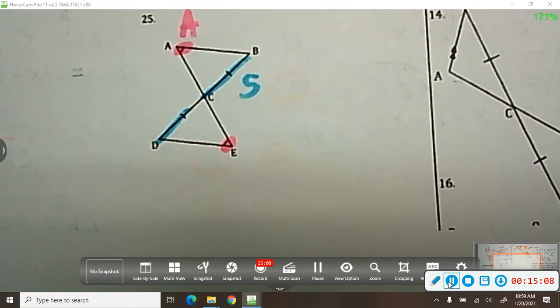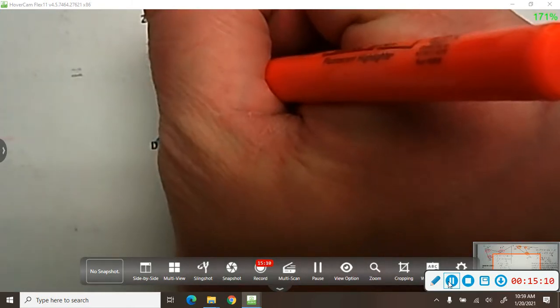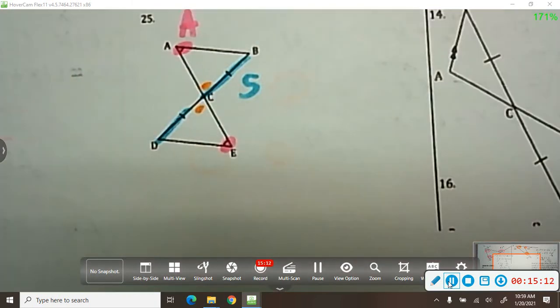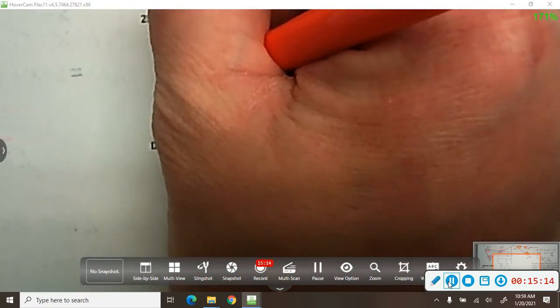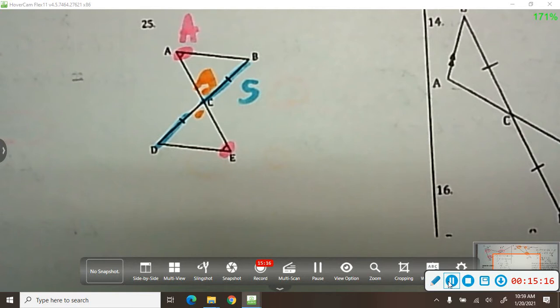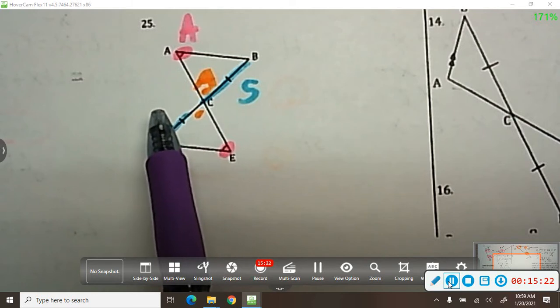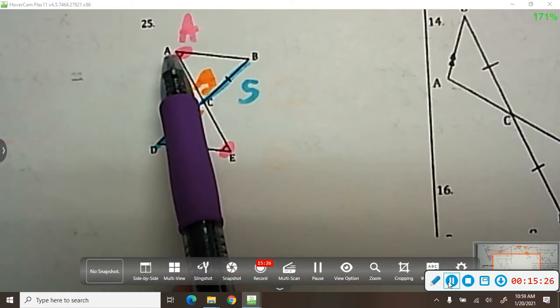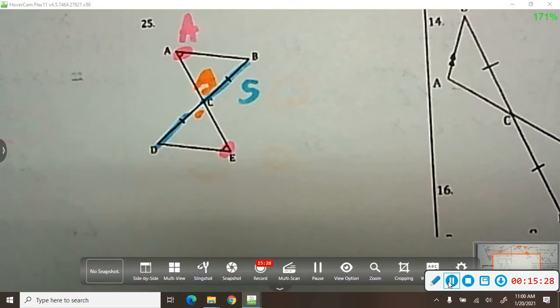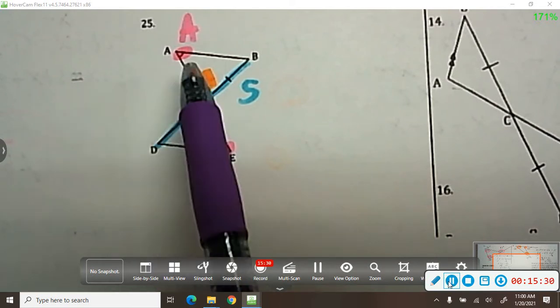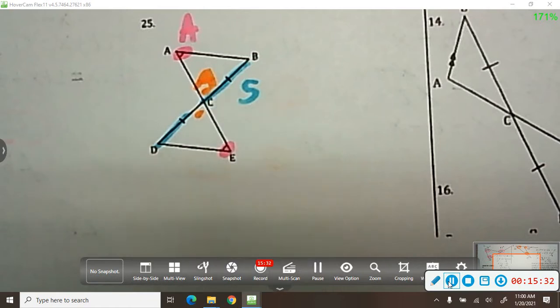Furthermore, I know that this angle equals this angle because they're vertical angles. There's my other A. Now, order does matter. You're going to go in the smallest possible way. So I would call this AS.